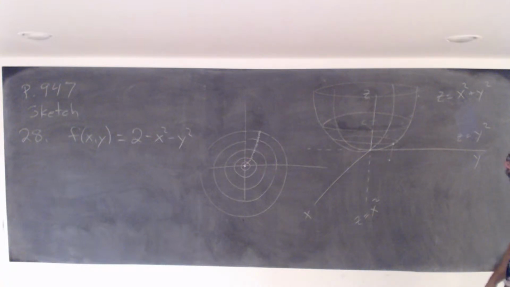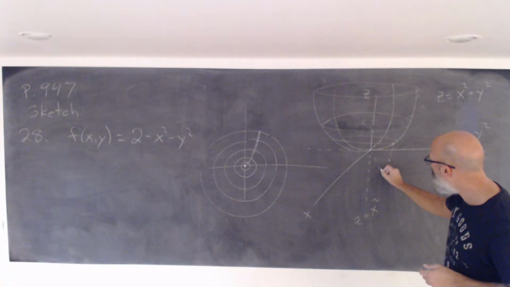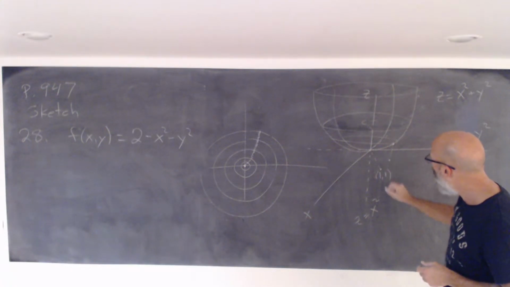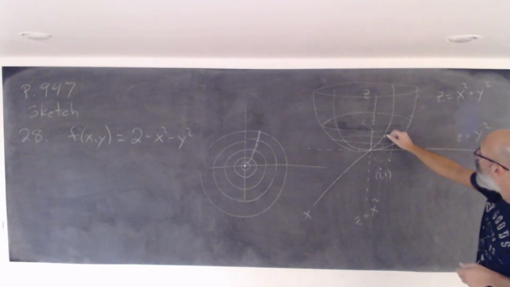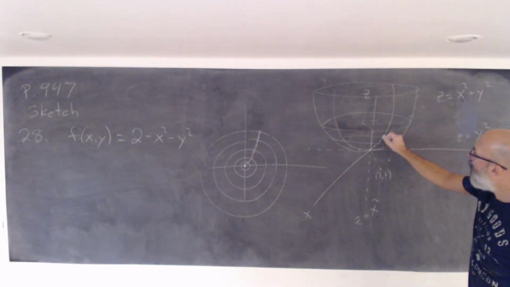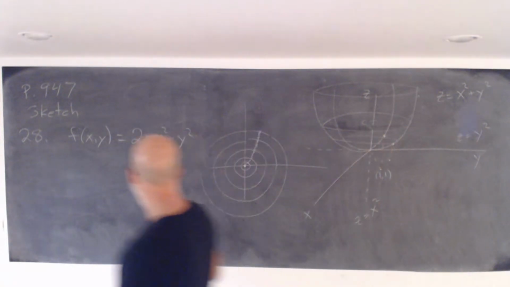So that's really what we're graphing here. If x and y are the point 1, 1, then you go up a height of 2. And so on and so on.